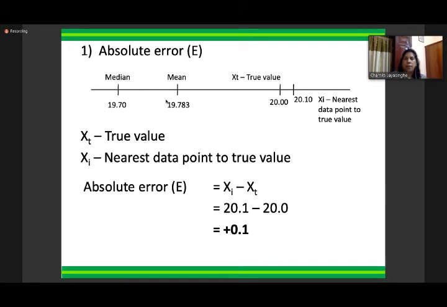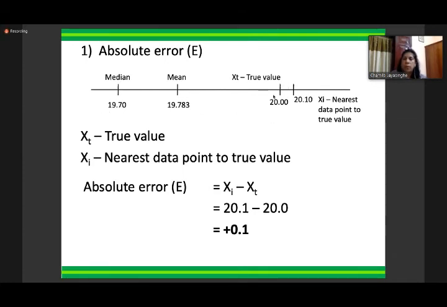Mean is actually used with 3 digits here because we are calculating error. Therefore, we take 19.783 and the median 19.7.